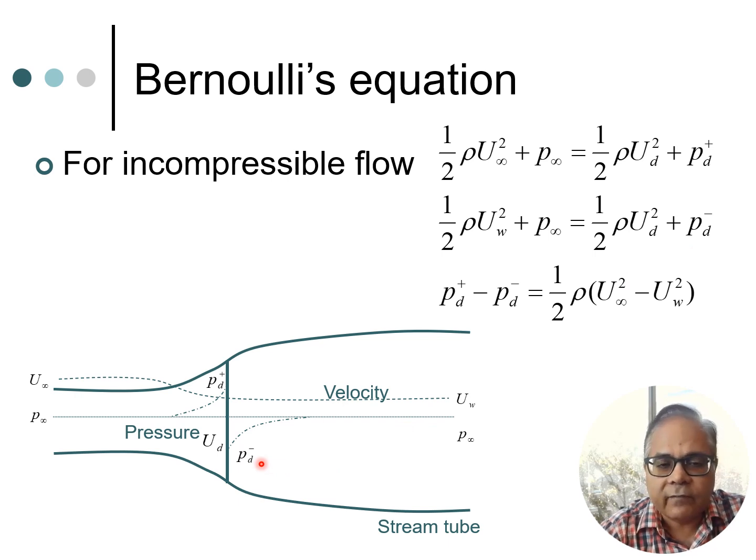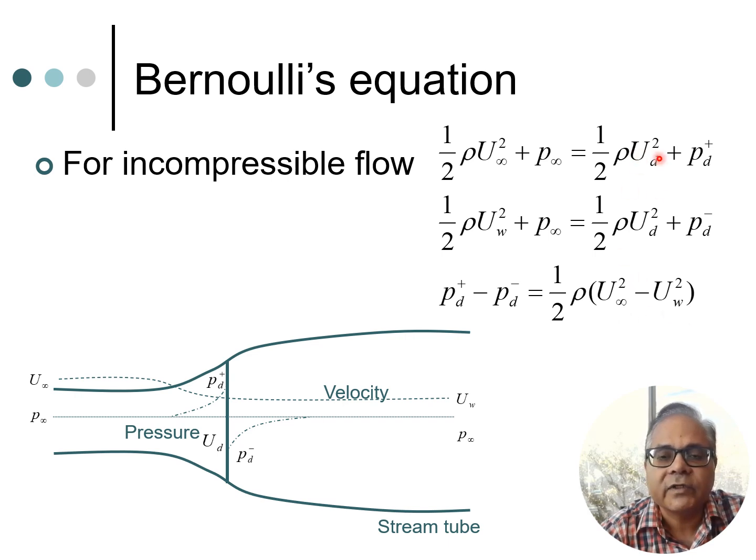So you are seeing what is happening here. We are applying Bernoulli's equation in front of the actuator disc, and then behind the actuator disc. This gives us two equations, and when we subtract them, we can get an expression for pd plus minus pd minus, and that is going to give you half rho u infinity square minus uw square.